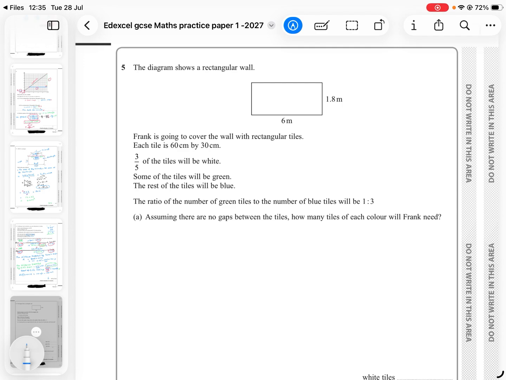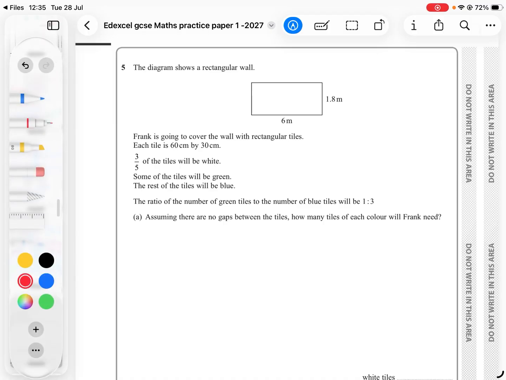Okay, first we need to work out the total number of tiles. To do that, first we need to find the number of tiles that can be placed along the length of the wall.